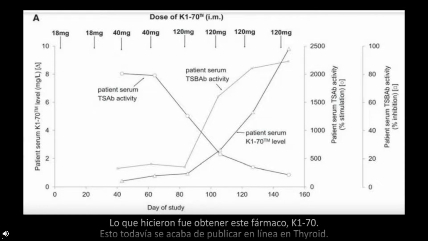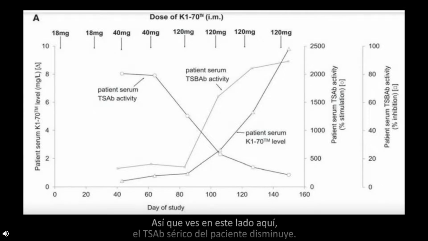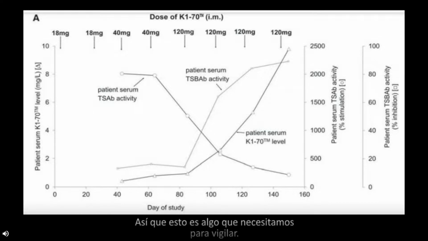This is still just published online in Thyroid. So you see on this side here, the patient's serum TSAB declining. And they were given intramuscular doses of K170 over several weeks intervals. So this is something that we need to keep an eye on.